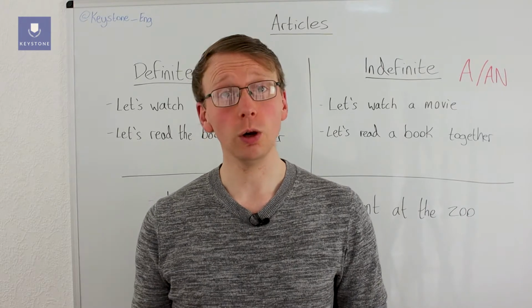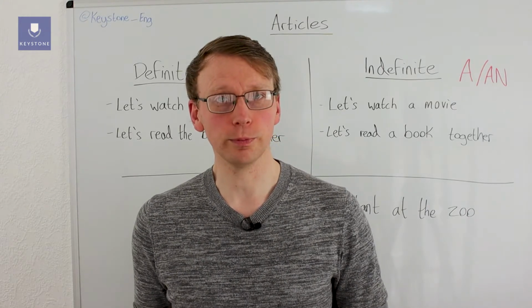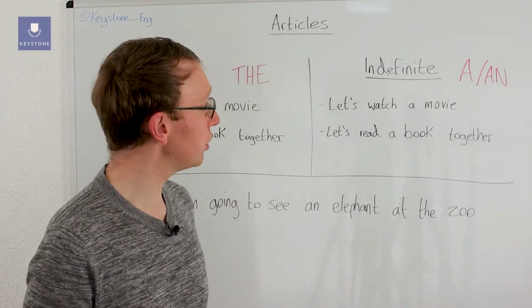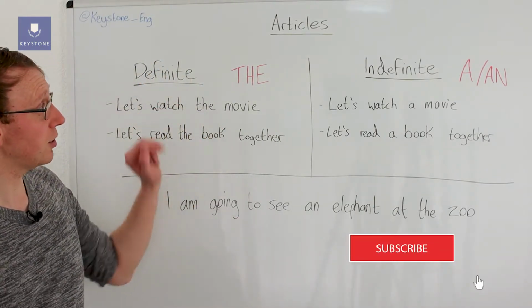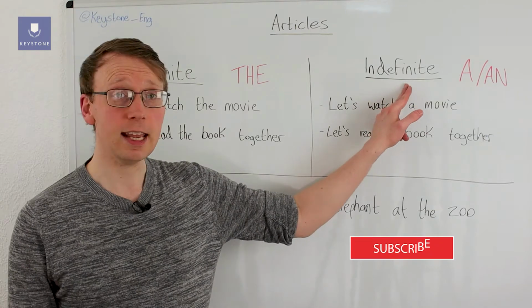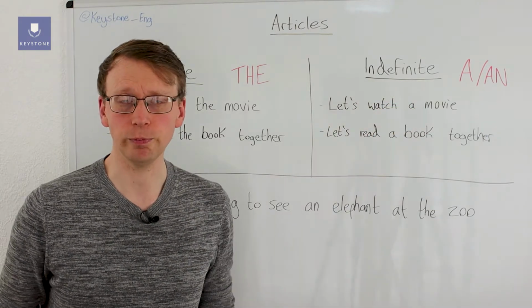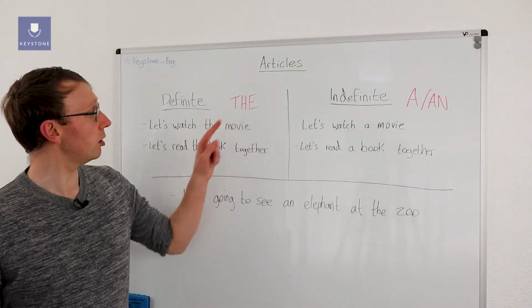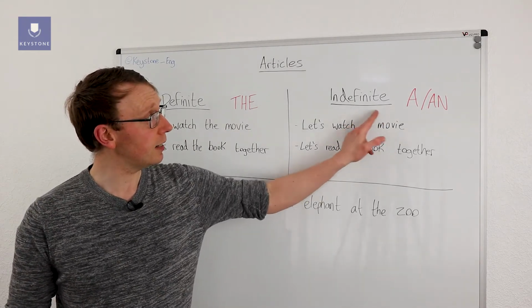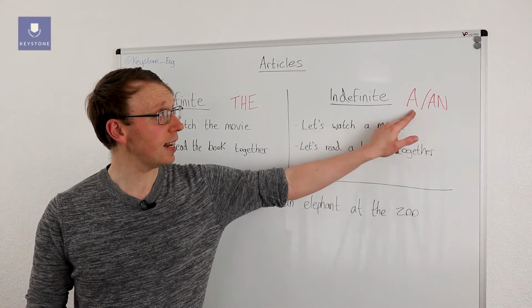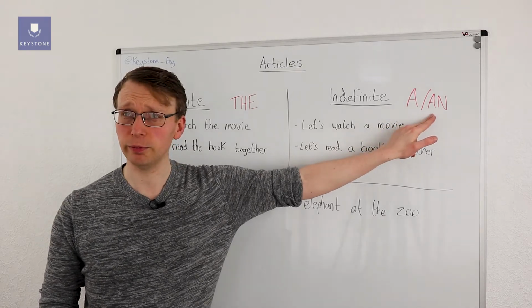So first of all, what are articles? Well, there are two types of articles. We have the definite article and the indefinite article. The is a definite article, and the indefinite articles are a and an.